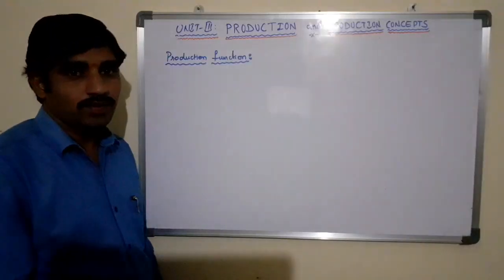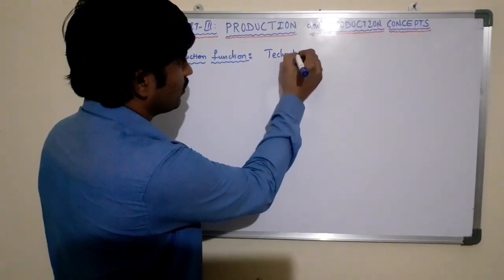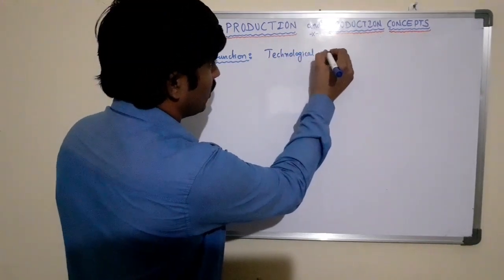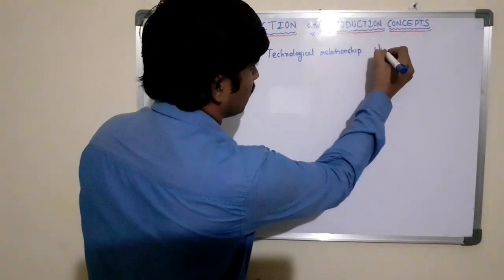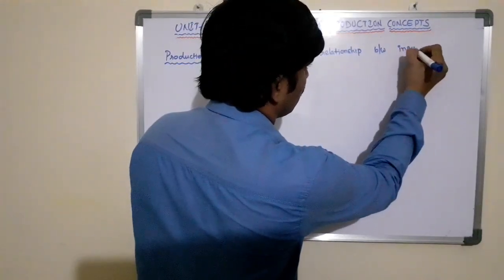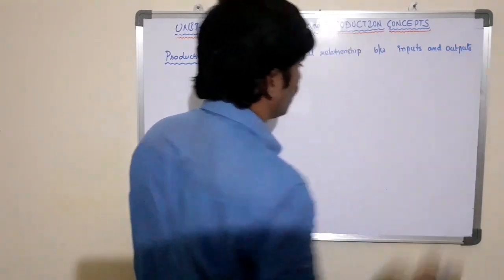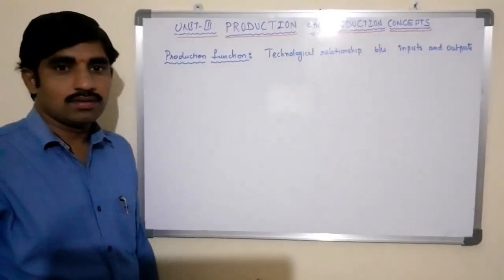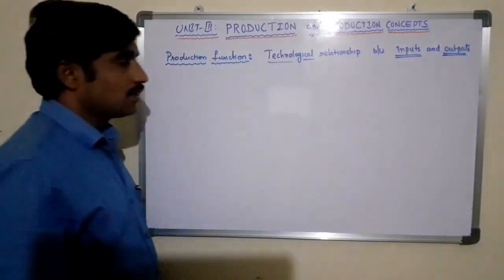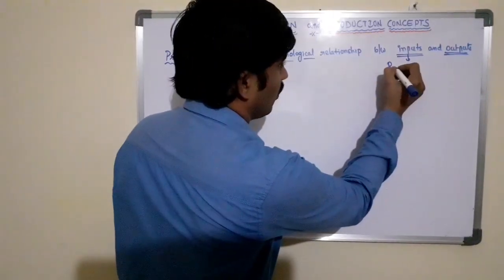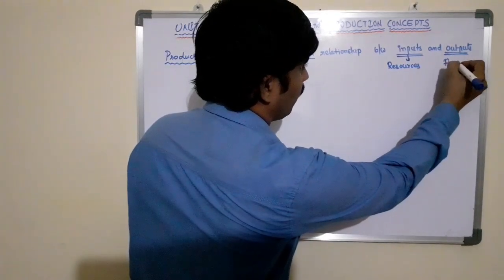In other words, the technological relationship between inputs and outputs of an organization is also known as production function. What are the inputs? All the resources that are used by the organization, and the output is the final product.